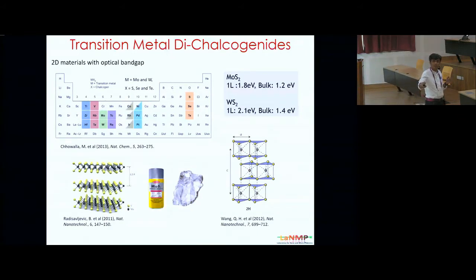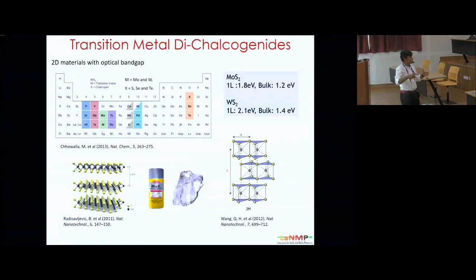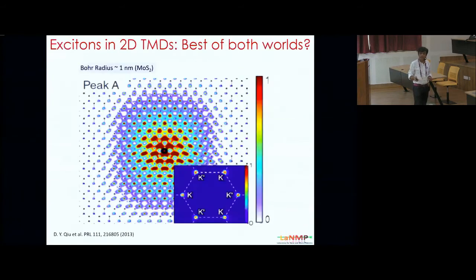It's actually a molybdenum atom with sulfur atoms on either side. If you look at the structure from the top, it forms a honeycomb lattice. But on the honeycomb lattice, the molybdenum and the sulfur atoms are located at two different points. One take-home message here is that, unlike graphene, the inversion symmetry is broken. And we'll see how that plays a role here.